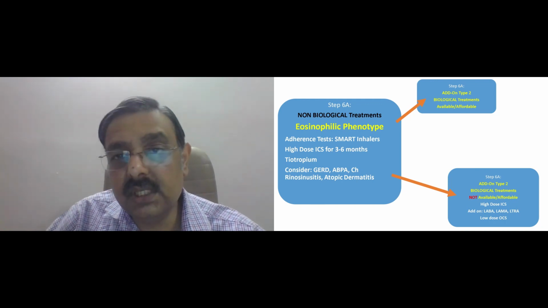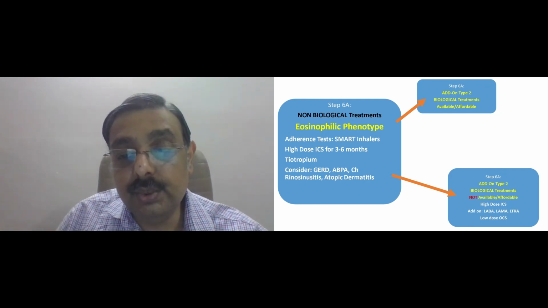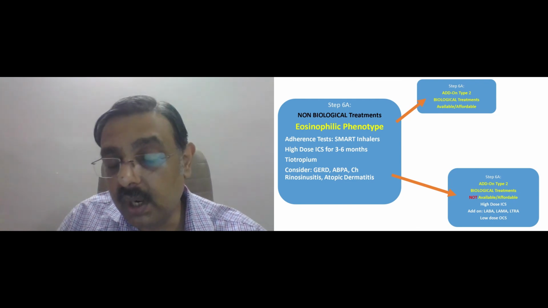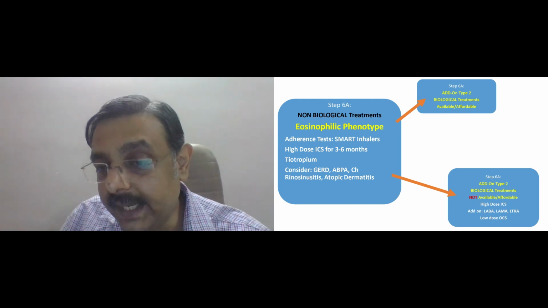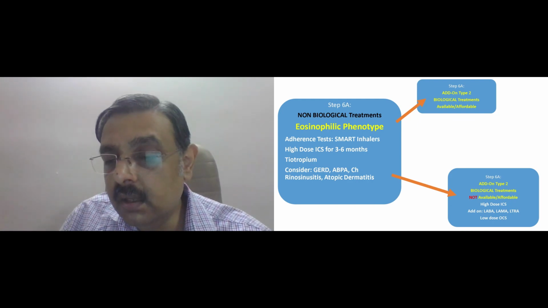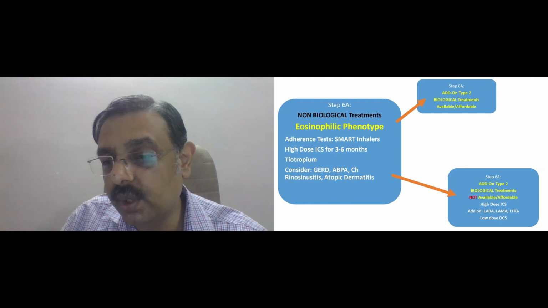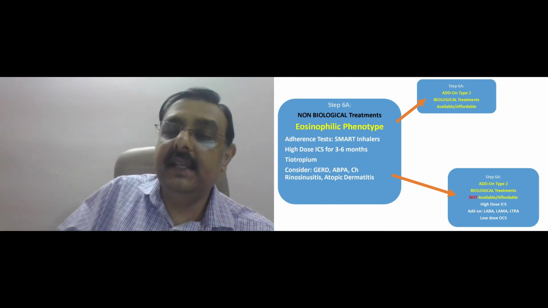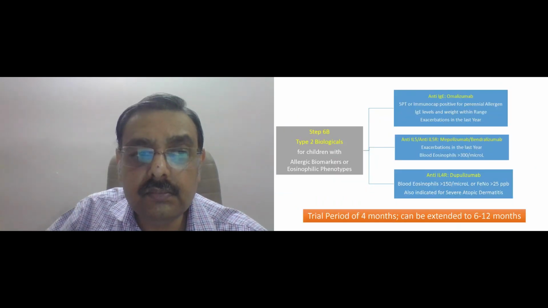But there can be situations when biologicals are not affordable, and I would say that these situations are not uncommon, because most of our patients do not get any reimbursement, and spending out of pocket for biologicals is not easy. In these situations, you have options of high-dose inhaled corticosteroid, adding LAMA, which is your tiotropium, LTRAs, and considering low-dose oral corticosteroids.